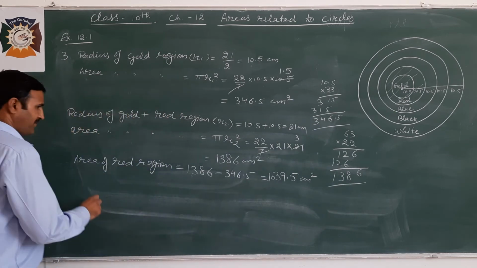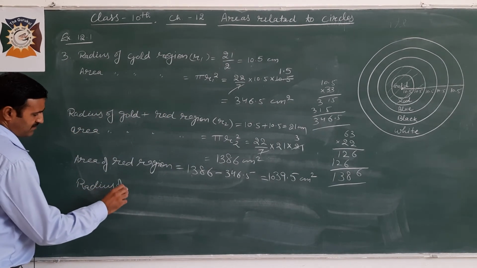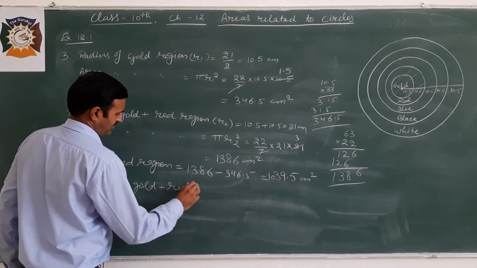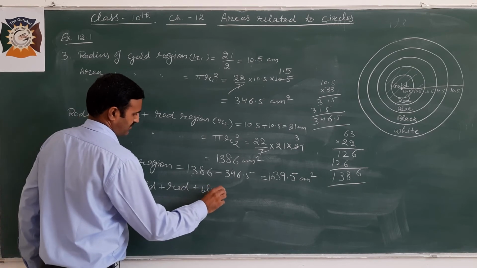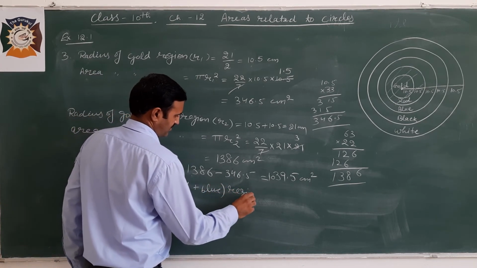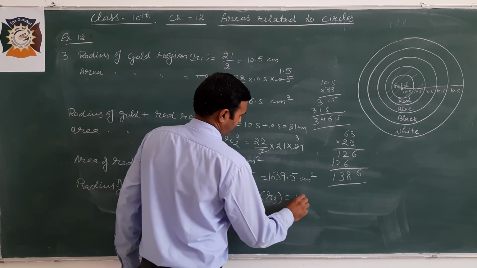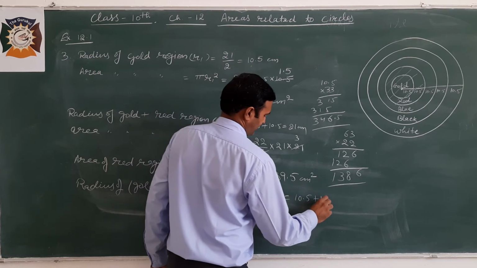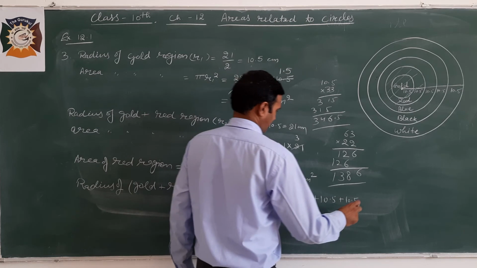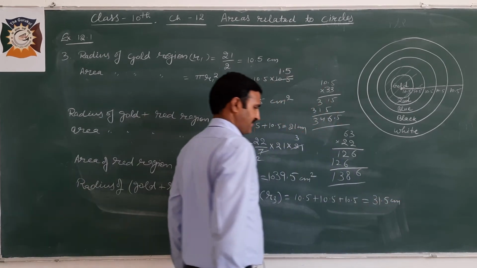So radius of gold plus red plus blue region, that is R3, is 10.5 plus 10.5 three times, 31.5 centimeter.